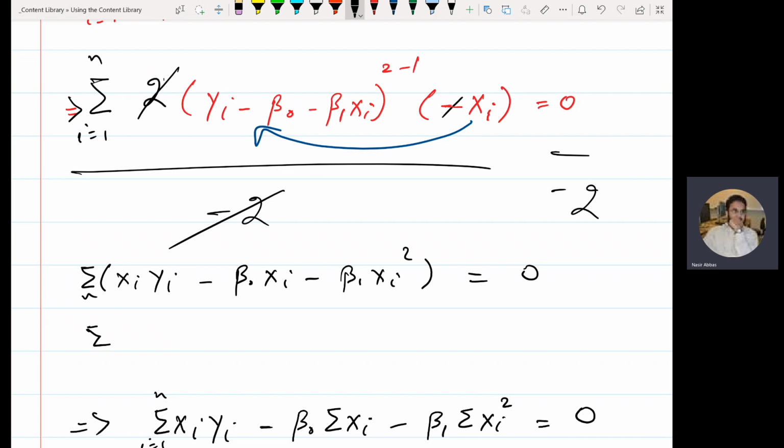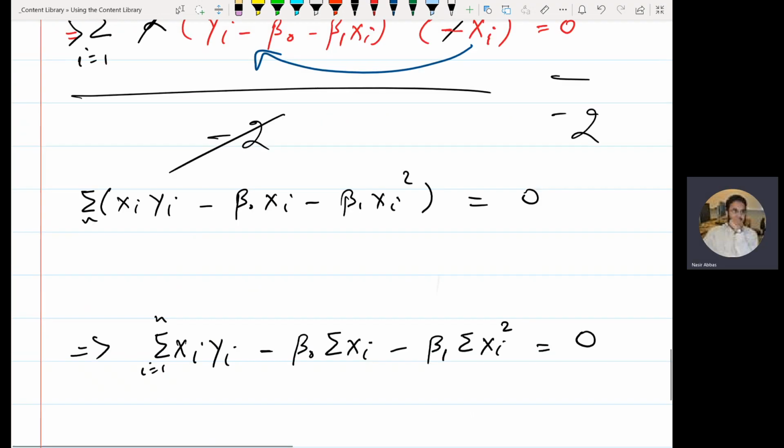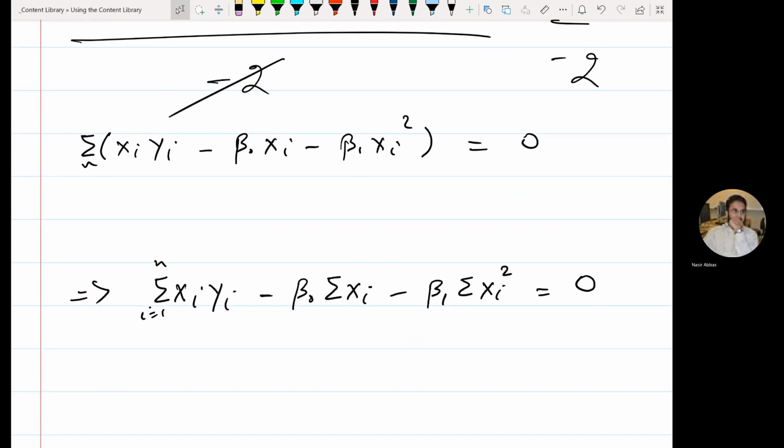It will be summation of, it's there. It's there. Then apply the summation. We multiply it by n when it's a complete constant, like 2.